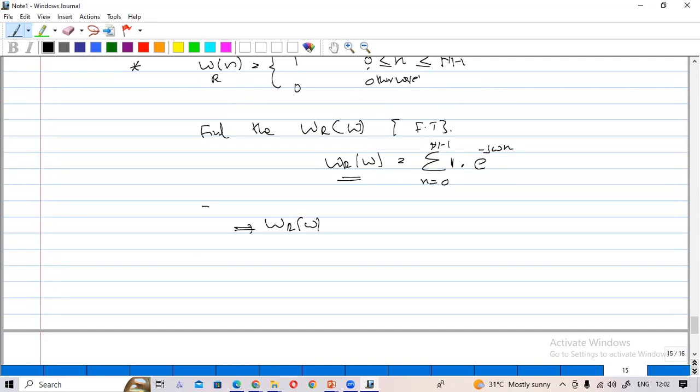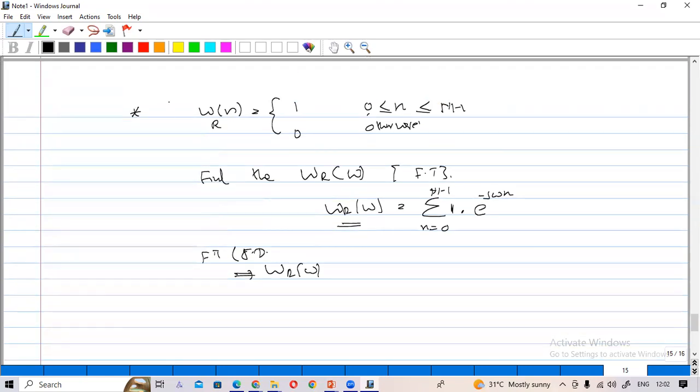So I'm finding the Fourier transform of this window, that means the frequency domain of the window, because this window is given in time domain, n is the time domain. Now I want to connect it to frequency domain.